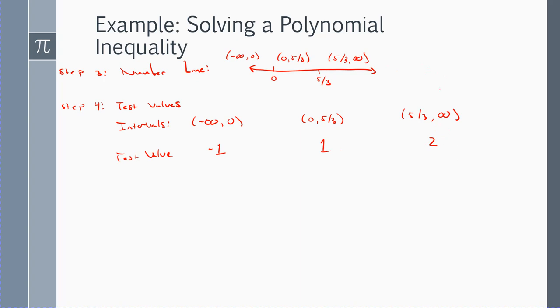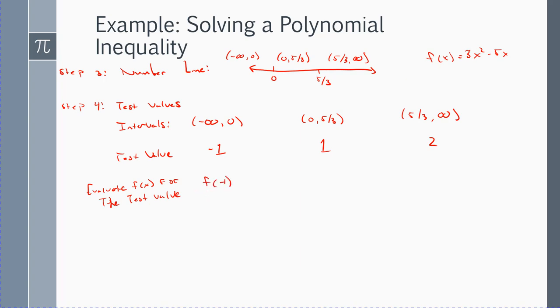So just to recall, our f of x here was 3x squared minus 5x. So now you're going to evaluate f of x for the test value. So f of -1, right?